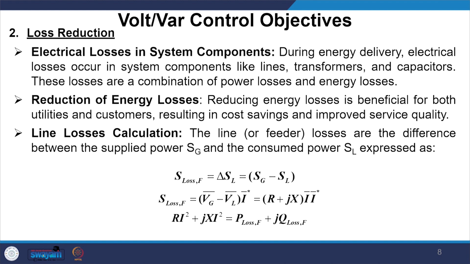These losses are a combination of power losses as well as energy losses. Now, how do we reduce energy losses? Reducing energy losses is beneficial for both utilities and customers, resulting in cost saving and improved service quality.